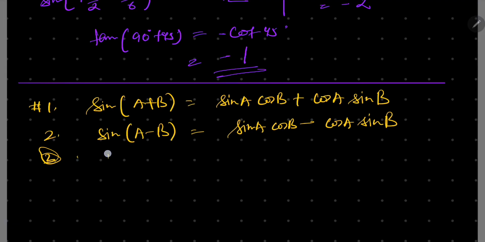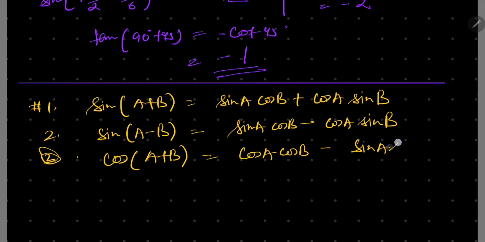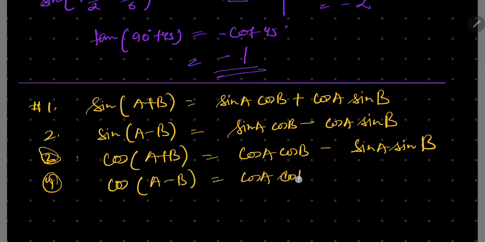Third, cos of a plus b is cos a cos b minus sine a sine b. And cos of a minus b is cos a cos b plus sine a sine b.